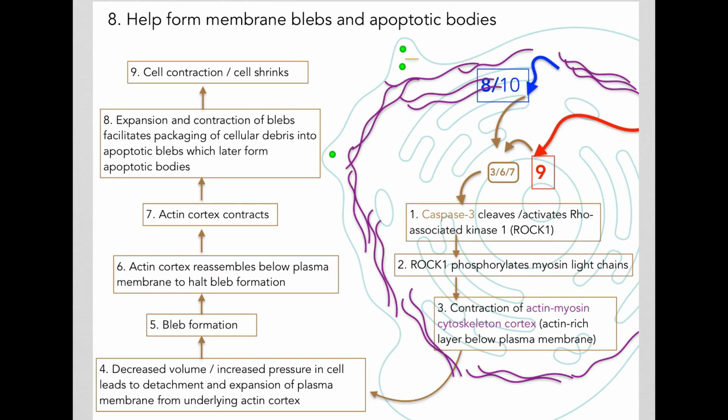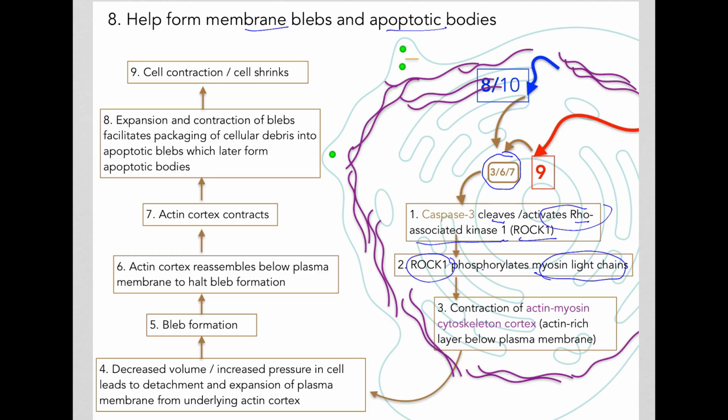Now, another effect of these executional caspases is they help form membrane blebs and apoptotic bodies. The exact mechanism is not clear, but here is one possibility. What happens is these executional caspases, by cleaving these proteins called Rho-associated kinase 1 or ROCK1, they activate these proteins. And this ROCK1 then phosphorylates myosin light chains.